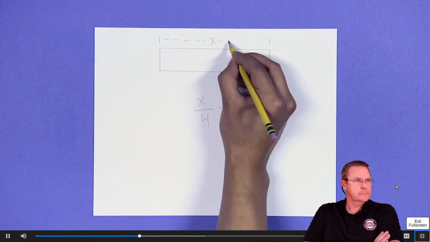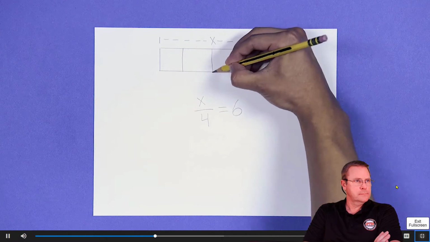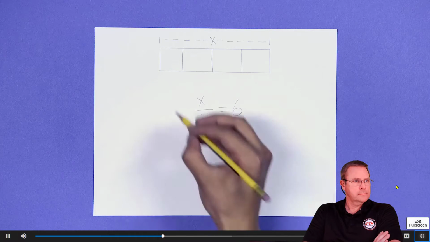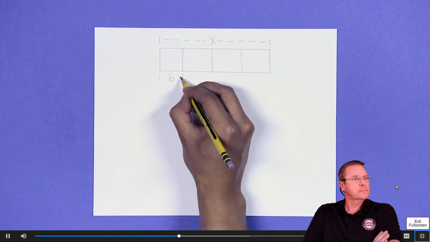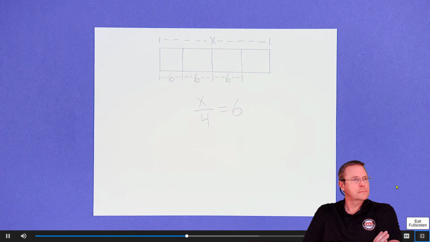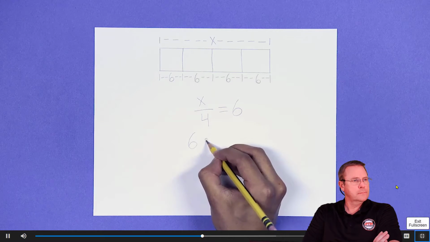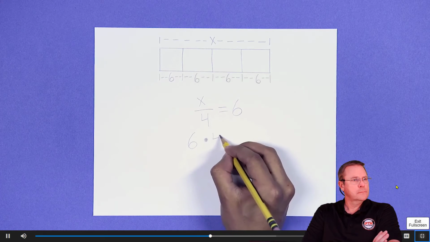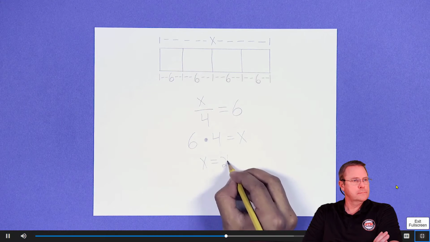Label the bar to show the original amount. Divide the bar into 4 sections to model the divisor. Write a 6 beneath the first box to show that when x is divided by 4, each part has a value of 6. Solve the equation. Work backward. Since x divided by 4 is 6, 6 times 4 equals x, so x equals 24.